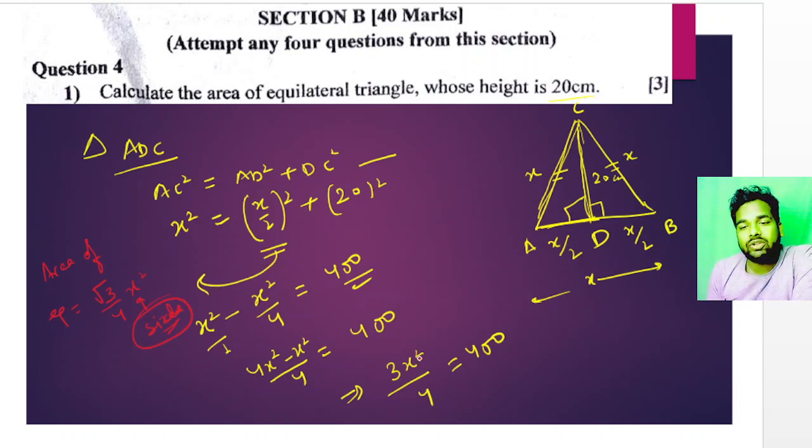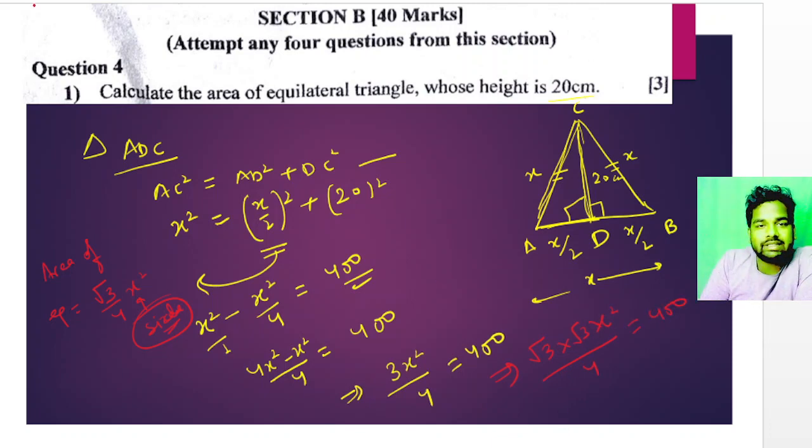So from here we can say 3x square by 4 is equal to 400, and you can write 3 as root 3 into root 3.